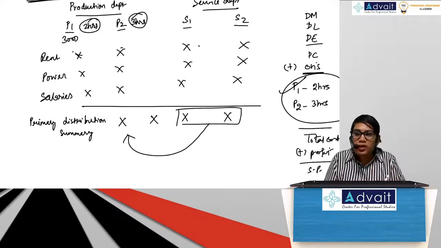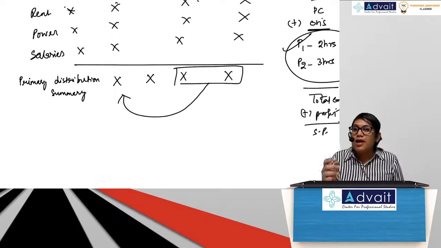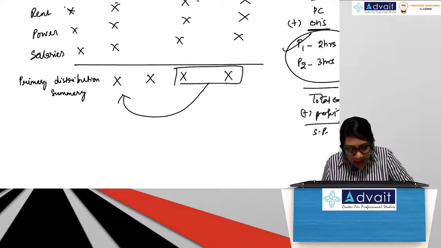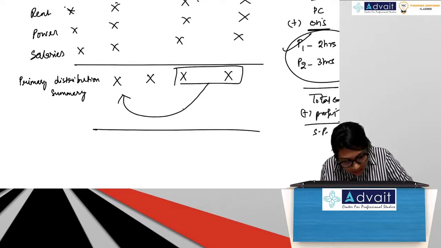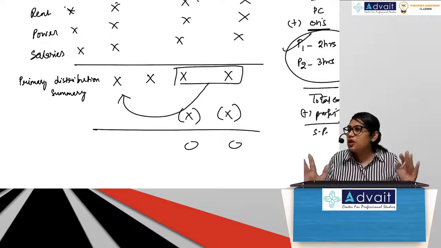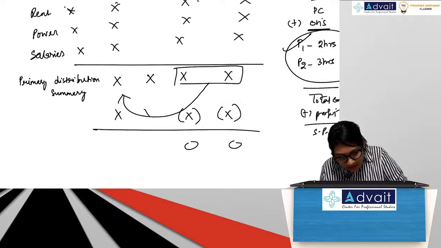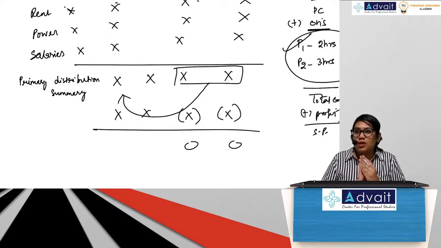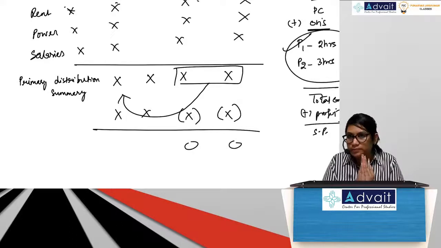The product is only passing through P1 and P2. So in reapportionment, I have to make this 0. There should be nothing for service departments. Everything will come here. Once that happens, reapportionment is complete.